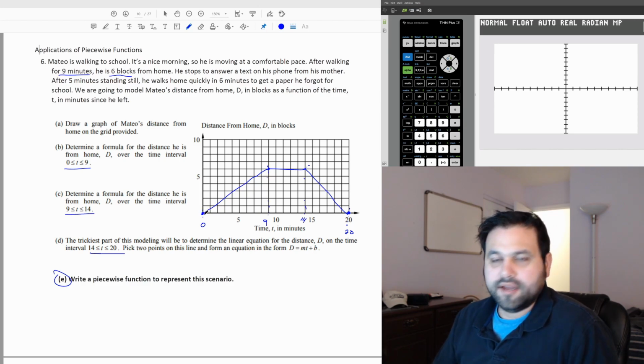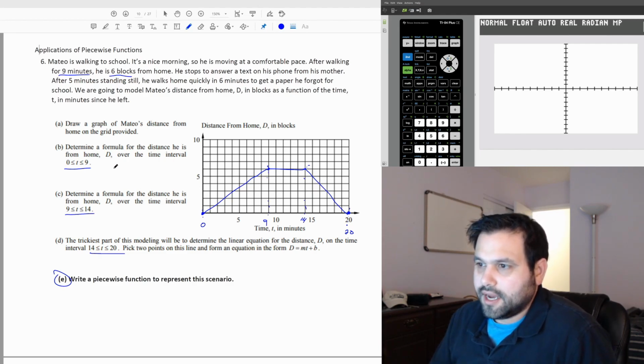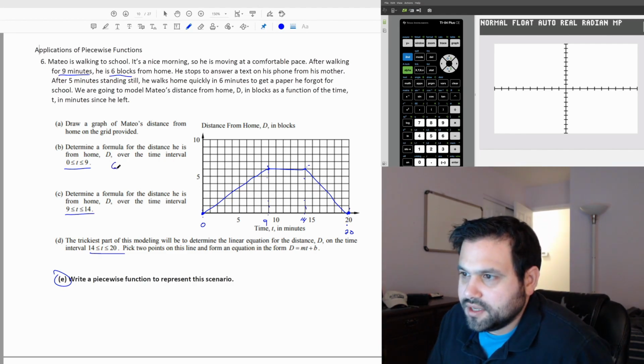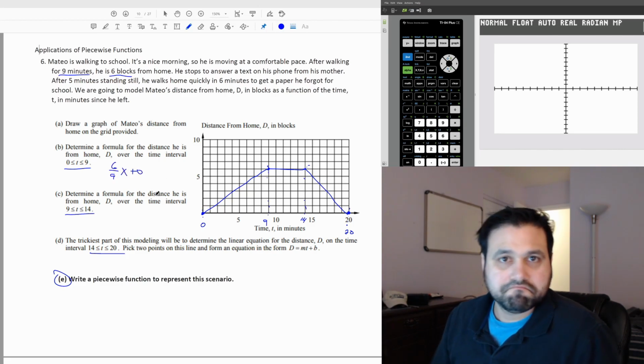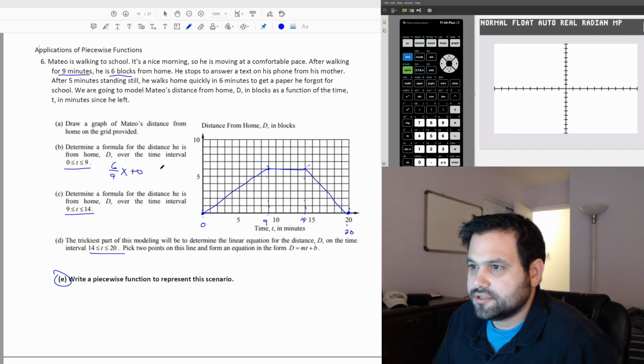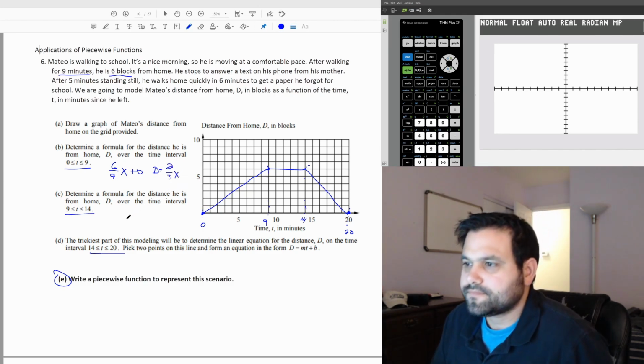Well, we have a y-intercept of 0 and a slope. It's going up 6 over 9. And so that would be something like this, right? Which we know could reduce to 2/3 x, and we wouldn't have to put the plus 0.